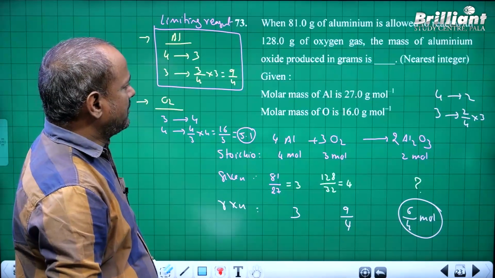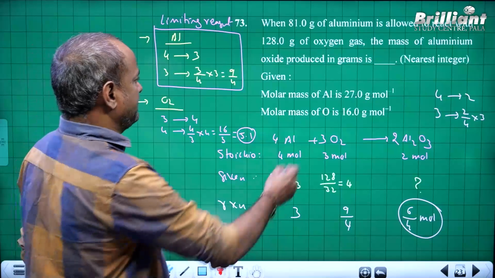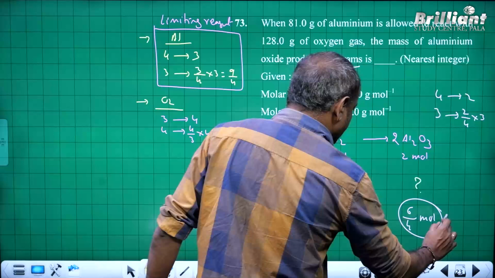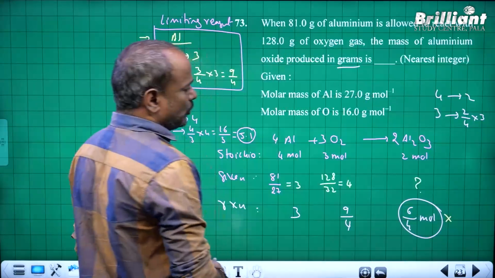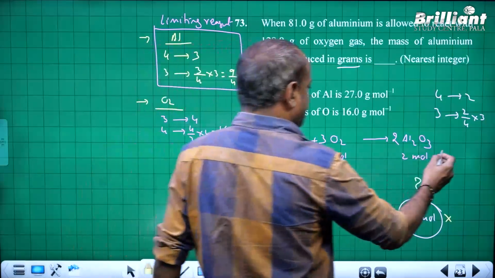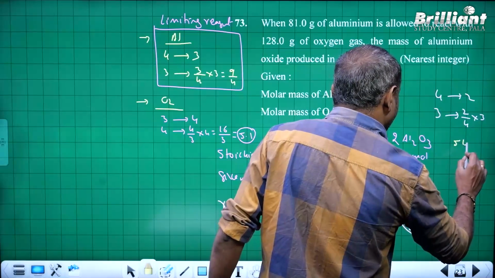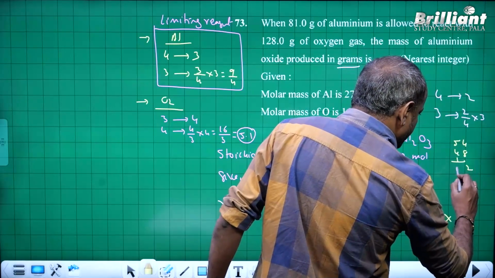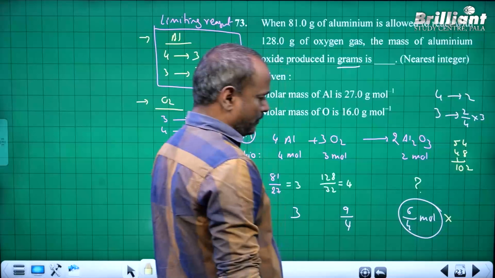In terms of mass in grams, 6 by 4 moles means 6 by 4 into the molar mass of Al2O3, Al2 is 54 plus 48, 54 plus 48, 102.